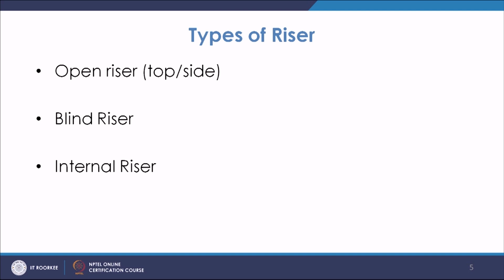So, it will be further difficult to feed the metal. So, in the top risers you have to be careful to see that the top surface is normally open to the atmosphere and remains in liquid state, so that the forces act on it considerably, so that the metal can be fed into the cavity in a proper manner.